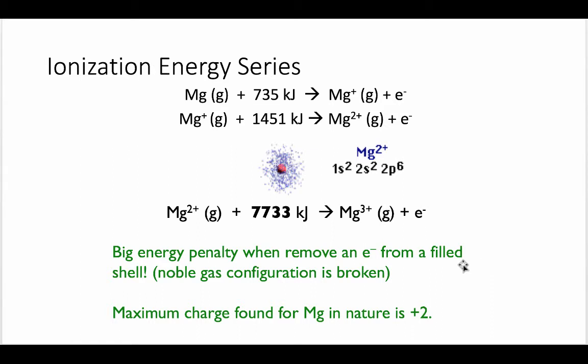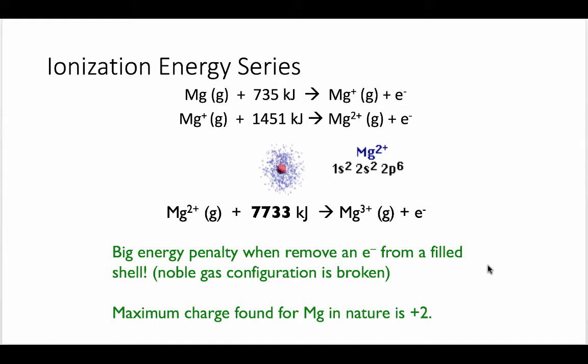So a huge penalty when we're removing an electron from a filled shell, or the noble gas electron configuration is broken. So in nature, we find magnesium in the 2+ state, and in the 2+ state, magnesium is isoelectronic with neon. And so it has the noble gas configuration. When we try to break the noble gas configuration, we have this huge penalty.